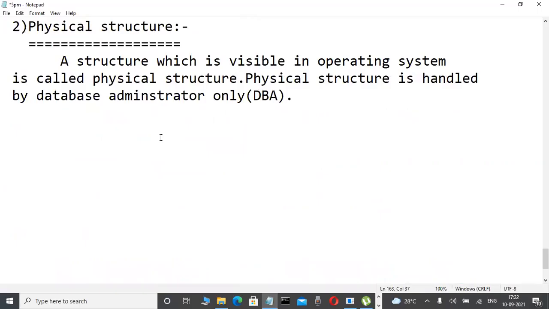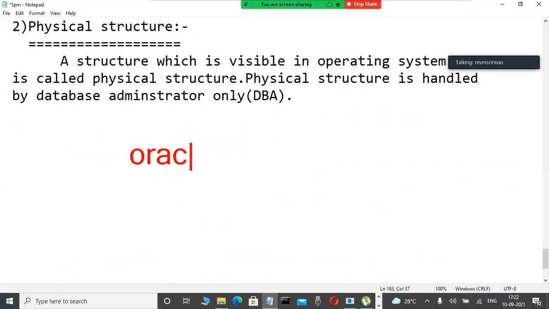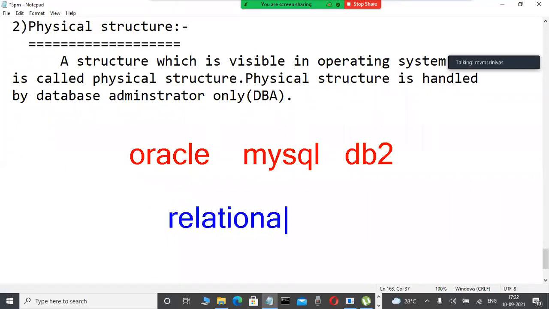Very easy, that one. But in our course, some terminologies are important. In future we are learning Oracle, MySQL, DB2. These types of database or DBMS software are implemented based on the relational model.